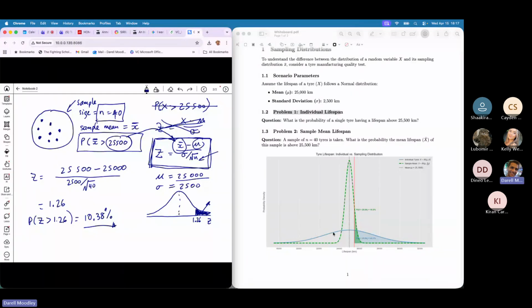But as you take a sample, when you look at a bunch of tires collectively, then the distribution of the average for that sample changes. It becomes a lot narrower, and that's the green line. The green line is the distribution for X bar. What we did now, your X bar, follows the green line distribution. But if you're looking at X, a single tire, then it follows the blue line.